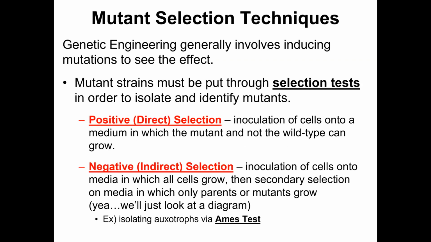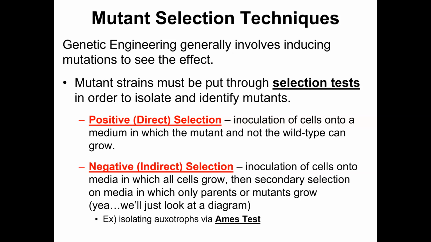All right, so all this talk about mutants and mutation, it's probably good to talk a little bit about how you can identify mutants. How can you tell when you have a mutation? So I've got two ways of doing that. So two types of selection tests. So you can identify mutants either through positive or direct selection, or you can identify them through negative or indirect selection.